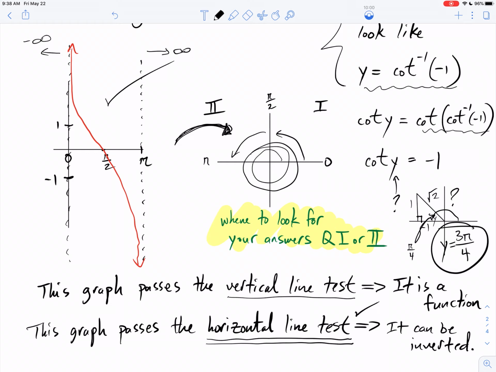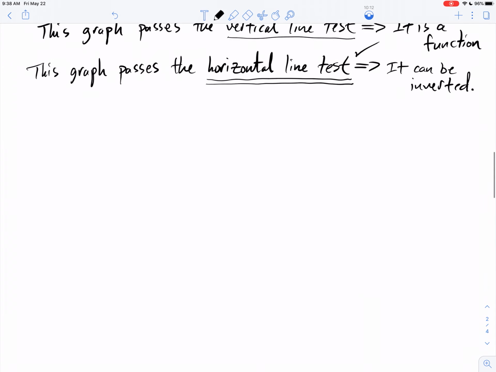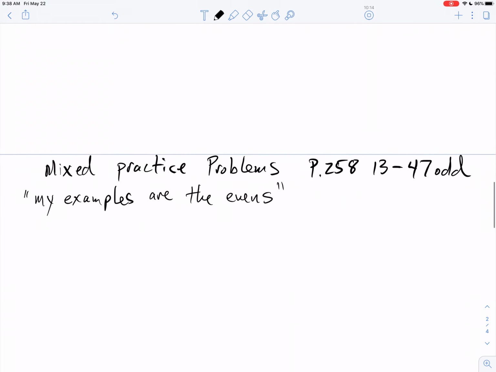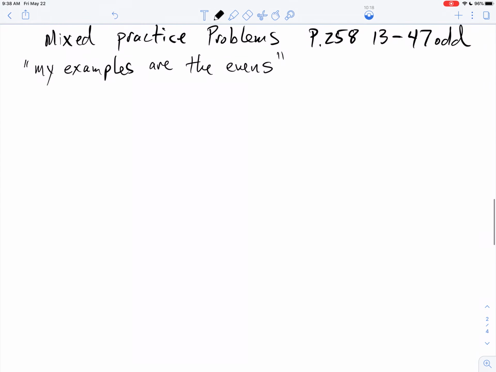So let's just do some practice problems. Realize that I only put two functions here for examples. I only put cotangent and tangent, but you can partition off any graph to make this work. So here we go. I want you guys to do the mixed practice problems on page 258, 13 to 47 odd.